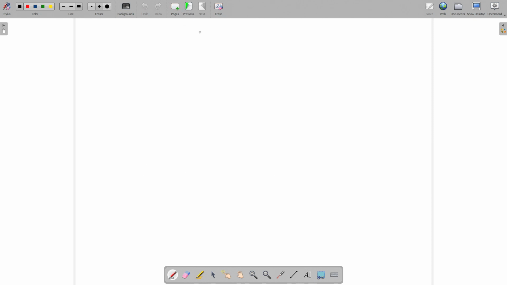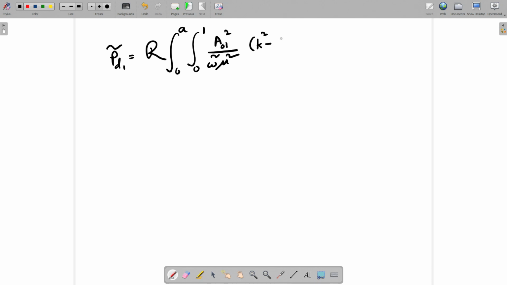And therefore, the expression for PD1 tilde becomes equal to R, integral 0 to 1, 0 to a, A01 square by omega square mu square, k square minus kz01 square whole square dz dx.